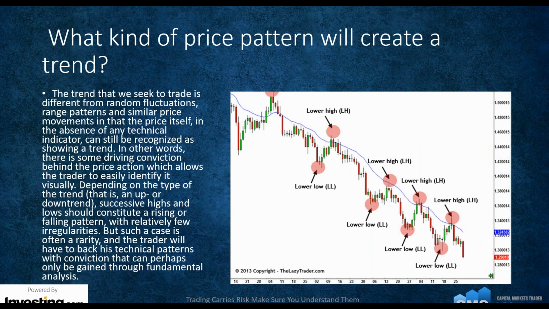Now, what kind of price pattern will create a trend? We keep talking about this: lower lows and lower highs in a downtrend, higher highs and higher lows in an uptrend. So one of the best tools for identifying a trend and confirming a trend's movement is a simple moving average.